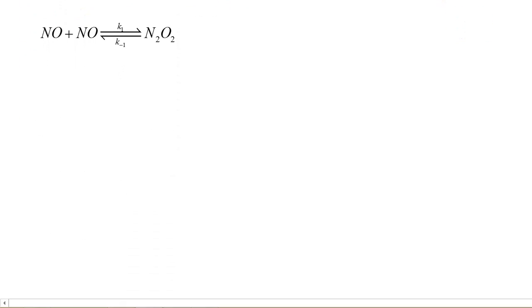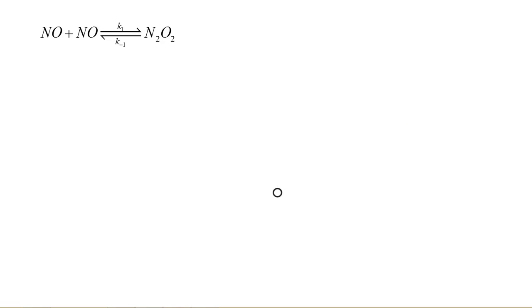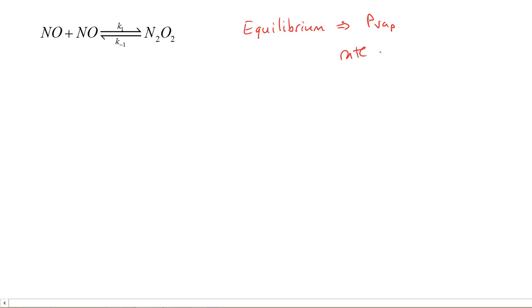So here's that first step, kind of naked and stripped away from the rest of it. If we had only seen this, we'd be learning about a new thing called equilibrium. We've experienced it before when we were talking about vapor pressure. When we talked about vapor pressure, if you remember, that was when the rate of evaporation was equal to the rate of condensation.